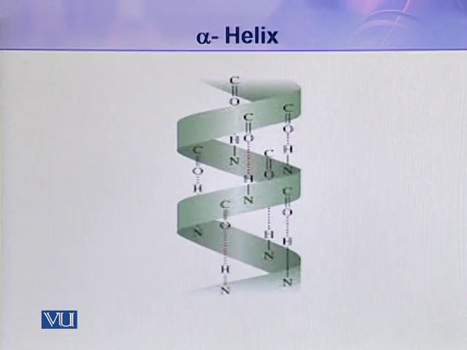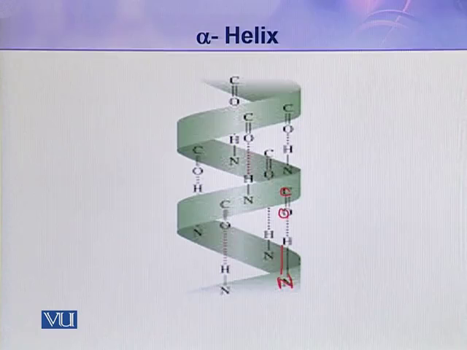As you can see in this picture, the nitrogen contains hydrogen. A hydrogen is attached with the nitrogen. Similarly, oxygen is attached with a carbon. So a hydrogen bond is established between the amide hydrogen and the carbonyl oxygen.